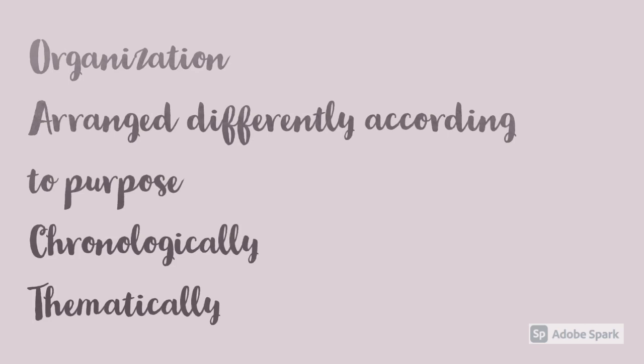So it's all chronological. Other letters are arranged thematically, which means they're arranged according to topics. For example, if it's a consultation referral letter and you're trying to refer a patient to a specialist, then you want to arrange all the contents that are related to the diagnosis, to the topic, together.